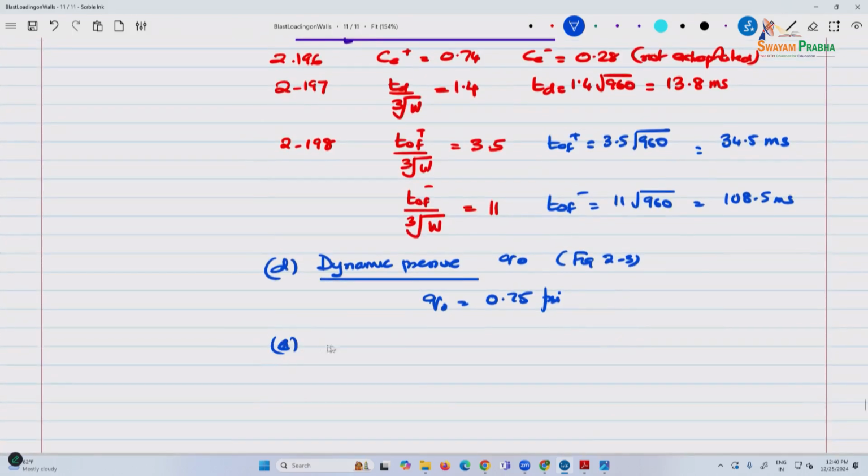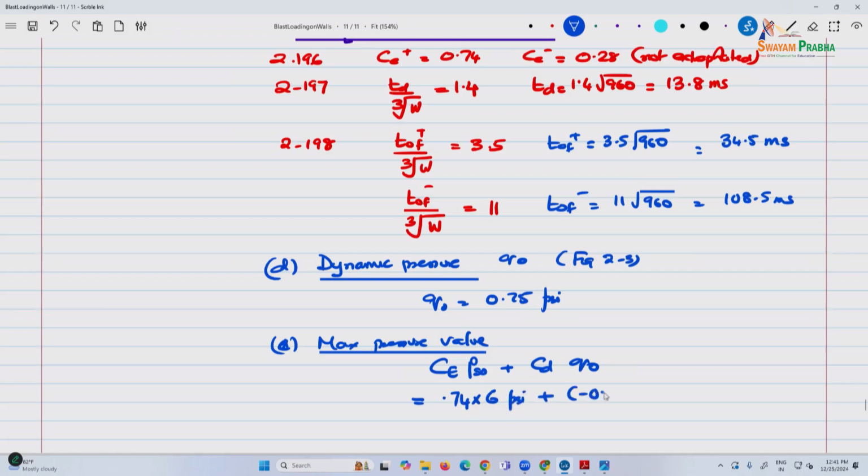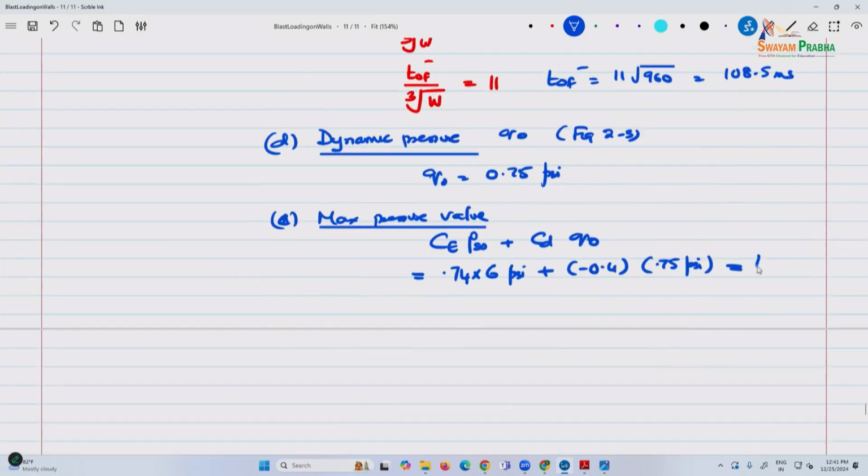Then the maximum, again, I'll need your help, is CE PSO plus CD Q naught. So which is 0.74 multiplied by, I think you said 6 psi, plus 0.4 multiplied by 0.75.